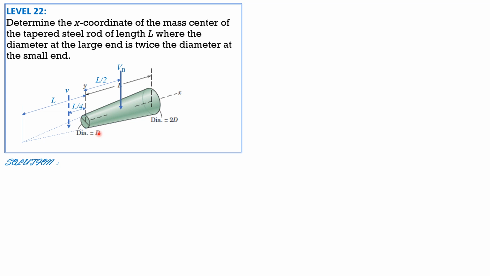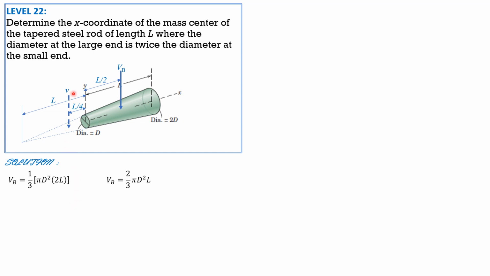The volume of a cone is 1/3 area of the base times height or length, and for the big cone it is pi, the radius is d, so pi d squared times 2L divided by 3. Pi is the area of the circle, the radius is d because the diameter is 2d, times height 2L over 3. So it is 2/3 pi d squared L.